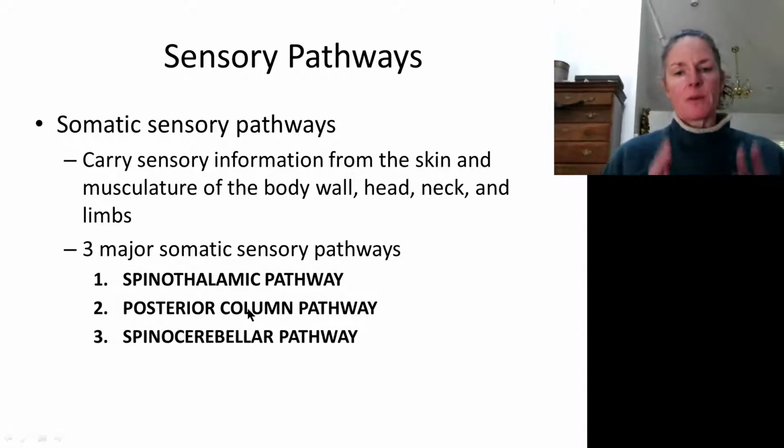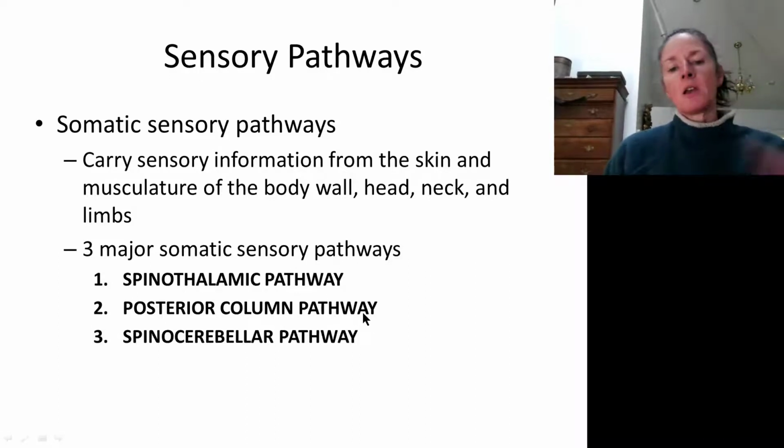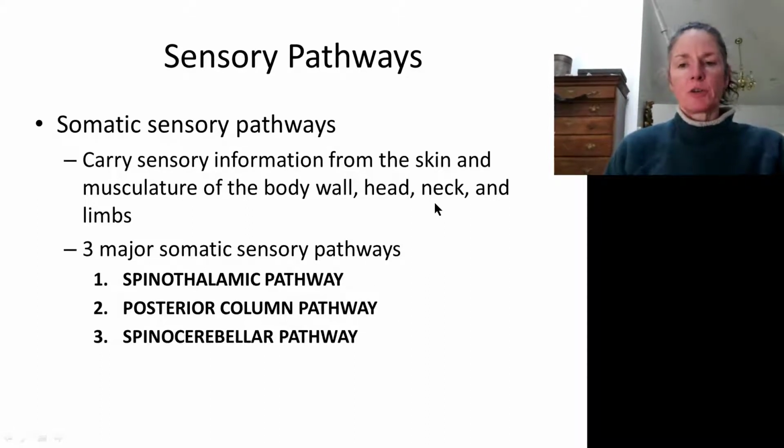They will travel up in these columns, so the axons of these first-order neurons will come into the spinal cord, ascend to the level of the medulla oblongata, cross over, and then be relayed to the thalamus once again. So then third-order neurons will arise from the thalamus and continue on to the primary somatosensory cortex.